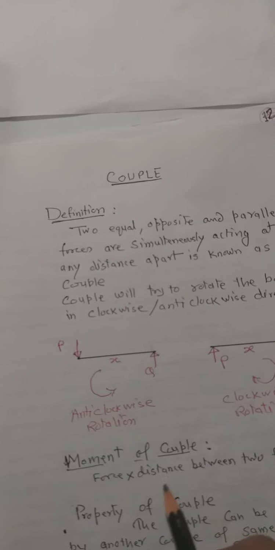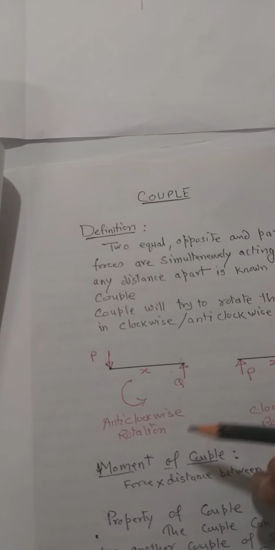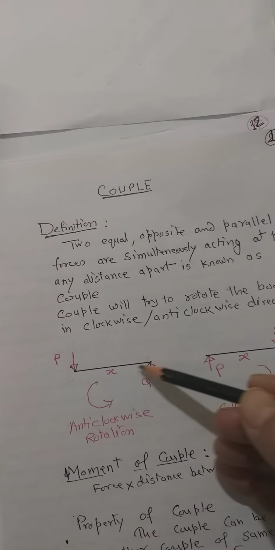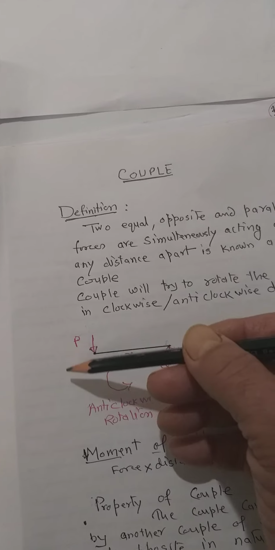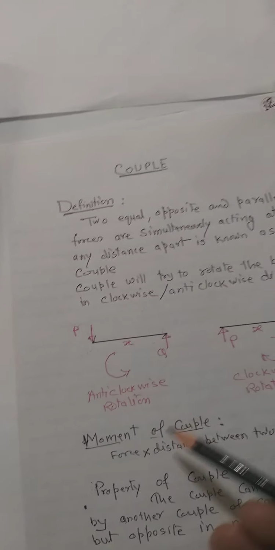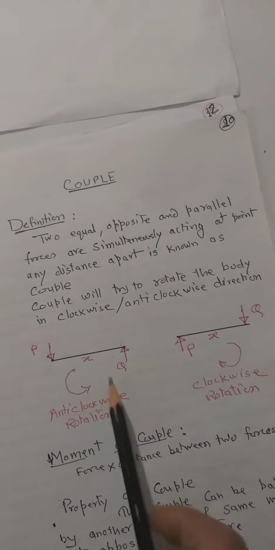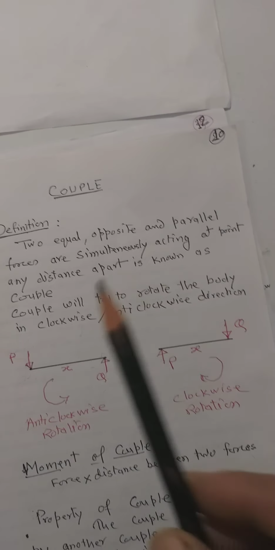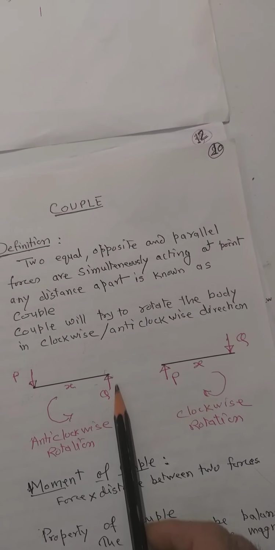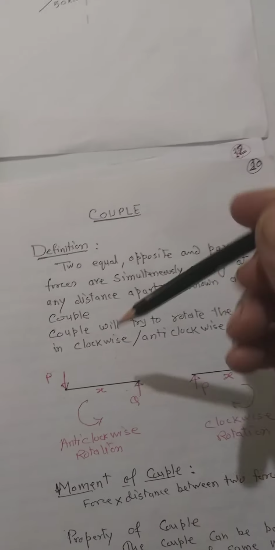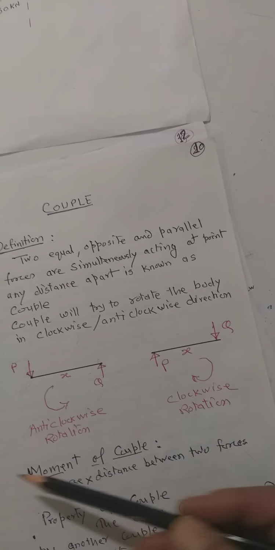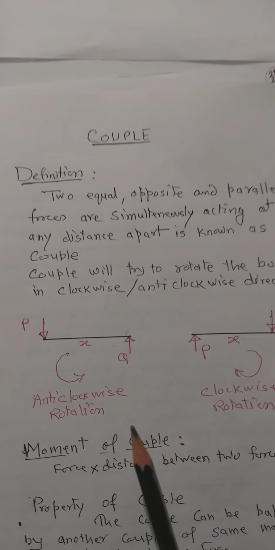The magnitude of the couple, which we can call the moment of the couple, is the force into the perpendicular distance. This force will try to rotate the body in this direction, and this force will also try to rotate it in this direction. So the moment of a couple is this force into this distance. Only one force and that distance will give the moment of the couple.